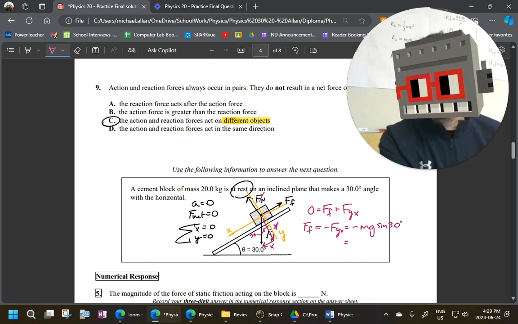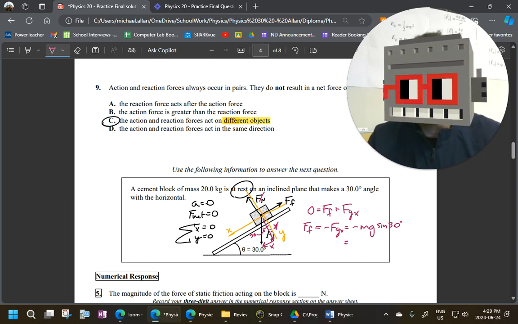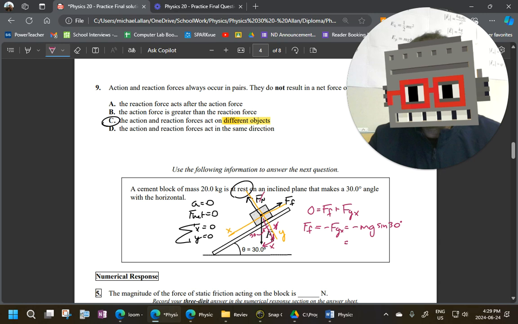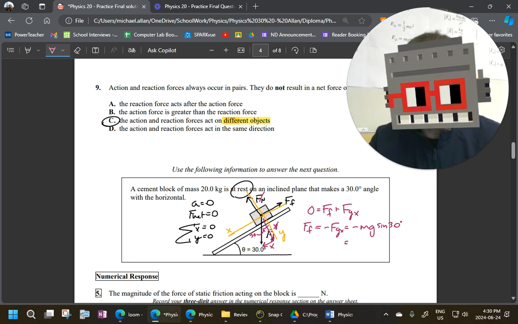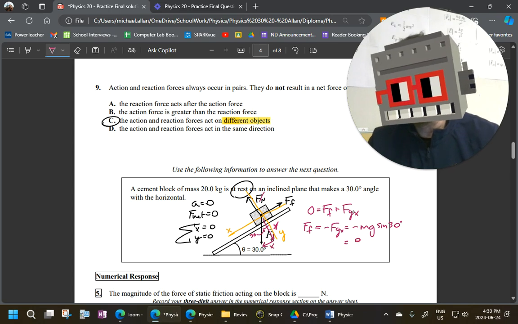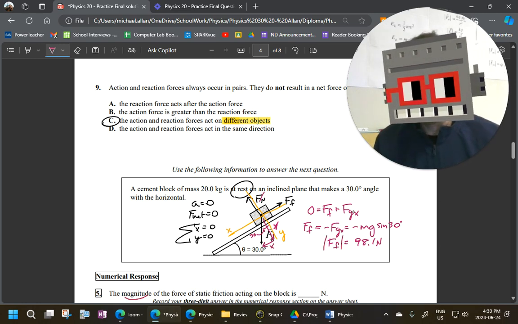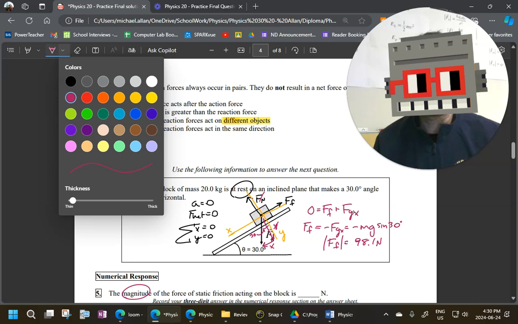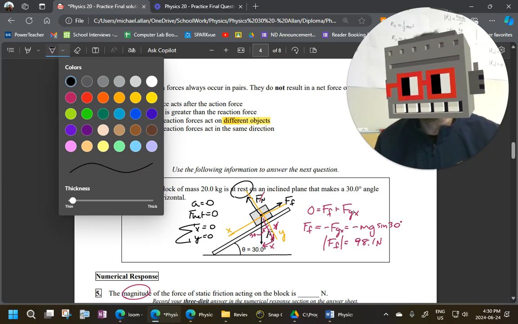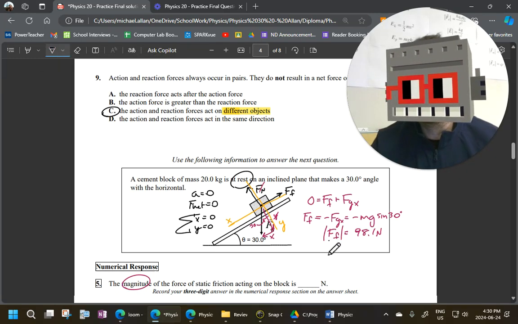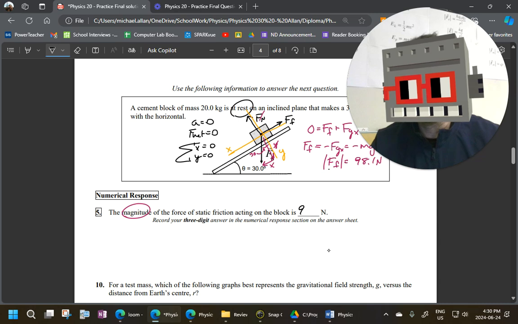So I can punch this in a calculator here. What is this? A 20 kilogram block times 9.81 times sine 30. So I get 98.1 newtons. It's equal to my force of friction. We're just worried about the magnitude here, because that's what we want here. So this is going to be 98.1. You can put that in here if you want to.